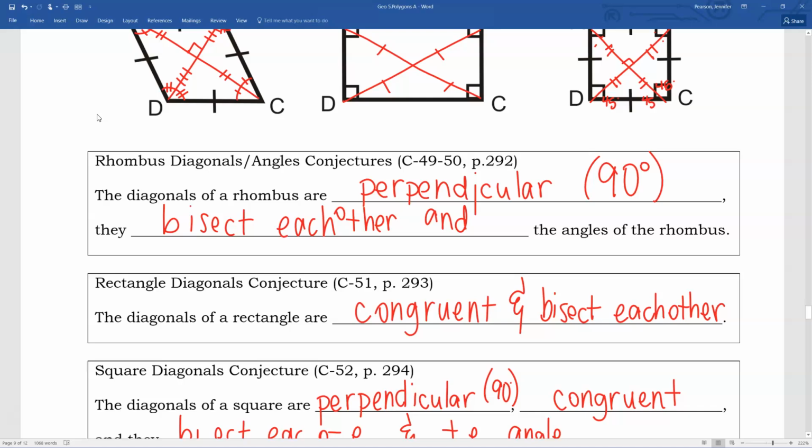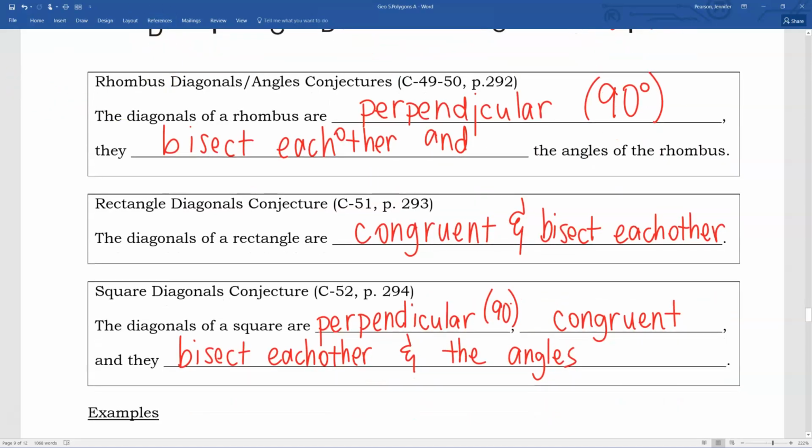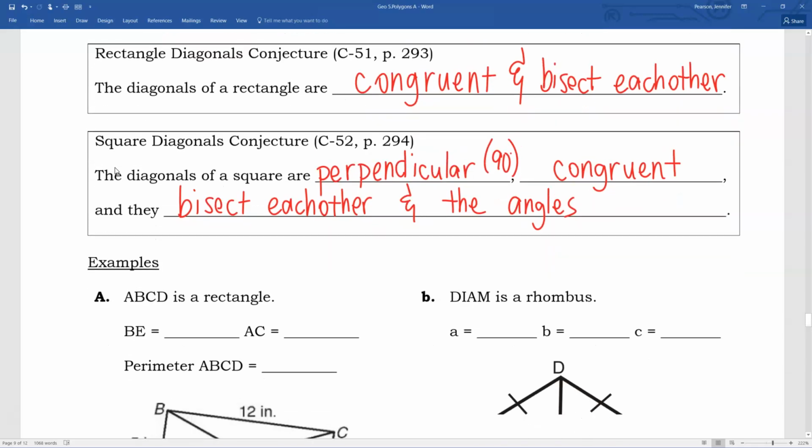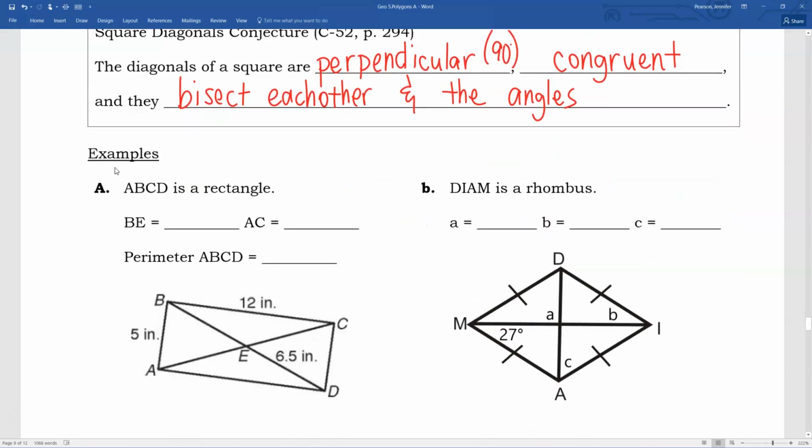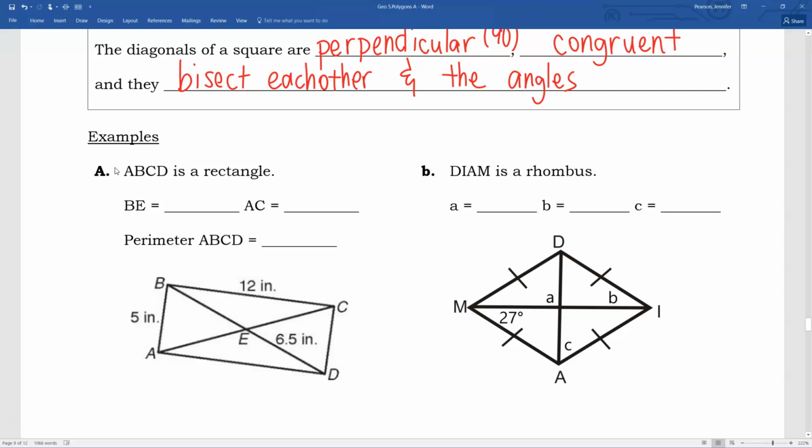Okay, I think we probably have some examples down here. The first example, we have a rectangle and we're looking to get some measures on the lengths. So we know from rectangles that all of our diagonal pieces are congruent. So this is telling me that from D to E, it's 6.5.